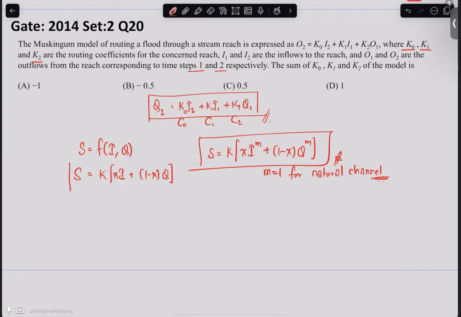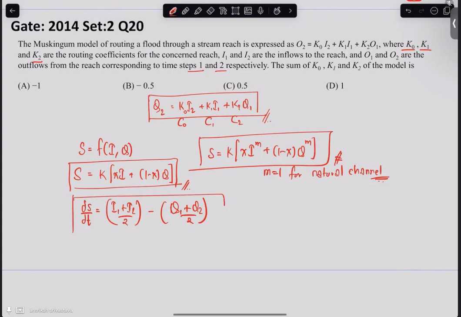So we used this equation in conjunction with dS by dt is equal to (I1 plus I2) by 2 minus (Q1 plus Q2) by 2. Right, so we use these two kinds of equations and we did some arithmetic manipulation to get to this final equation.